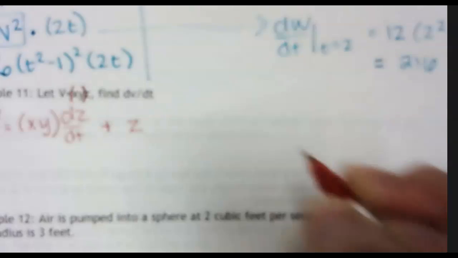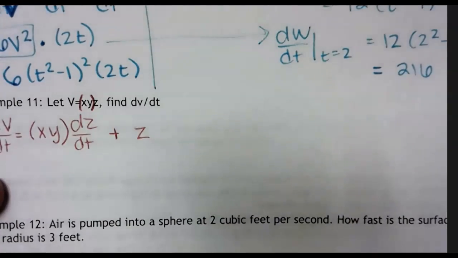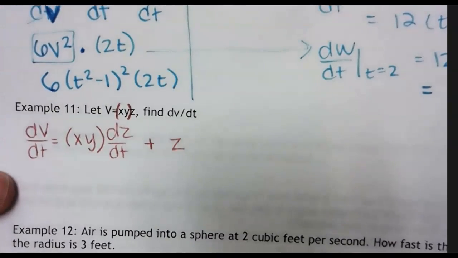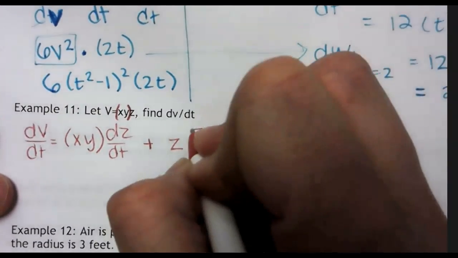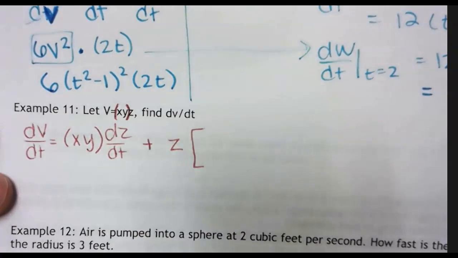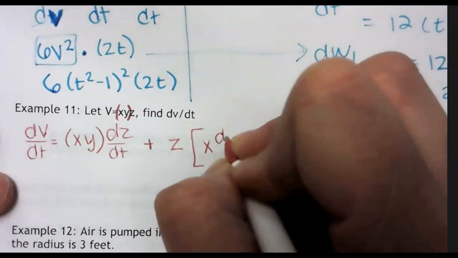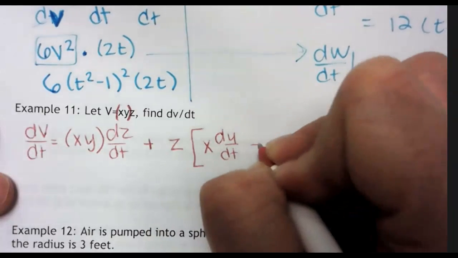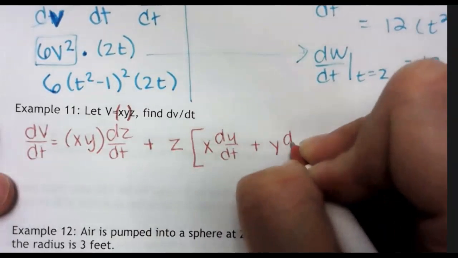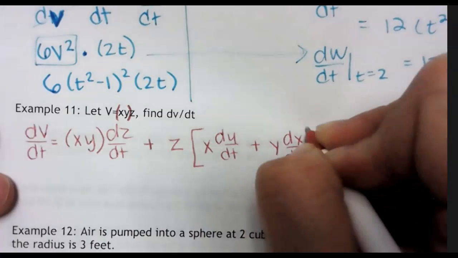plus the second, which is z, times the derivative of the first, which is a product rule of x and y. So it would be the first times the derivative of the second, plus the second times the derivative of the first.